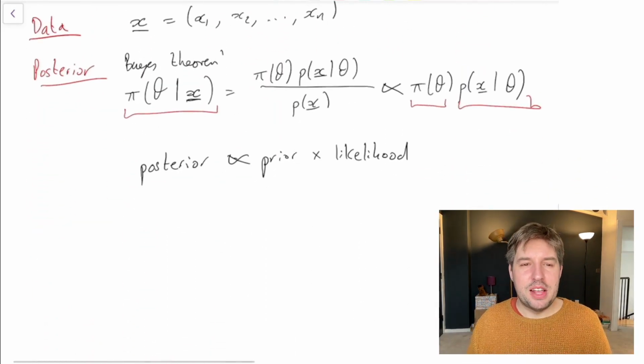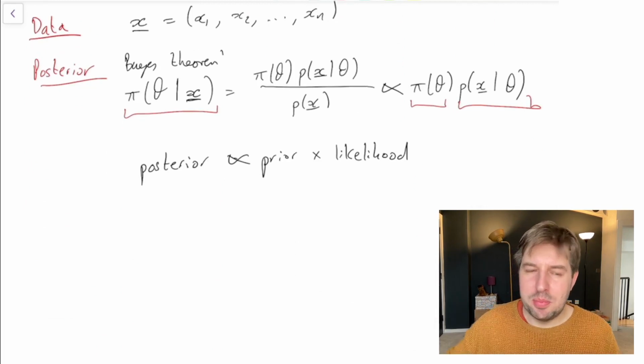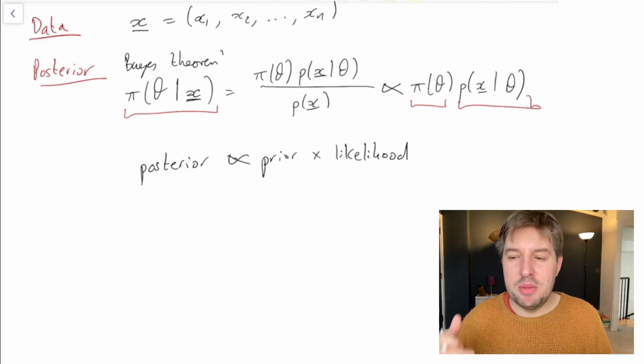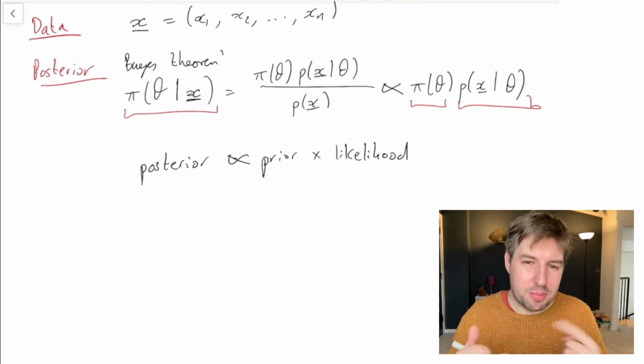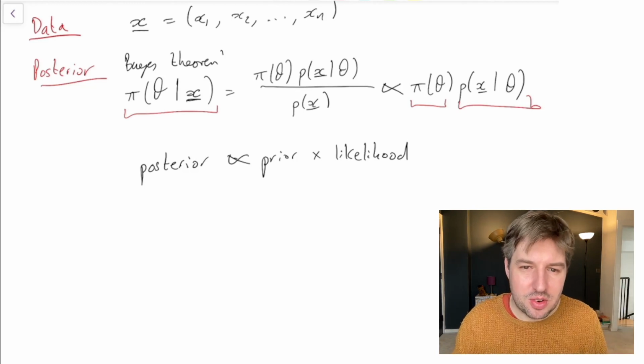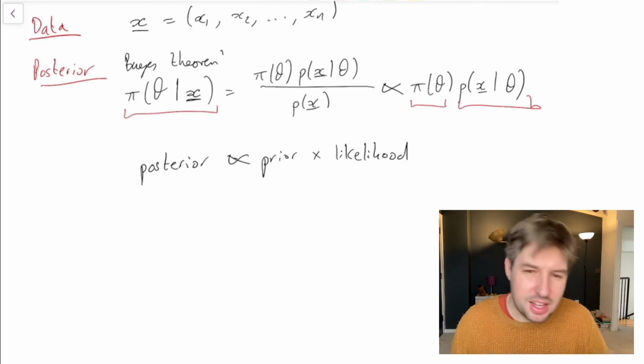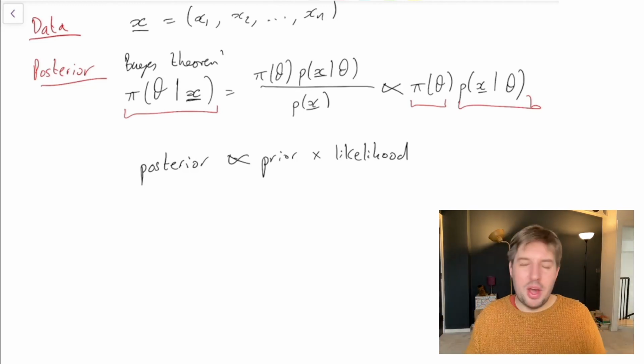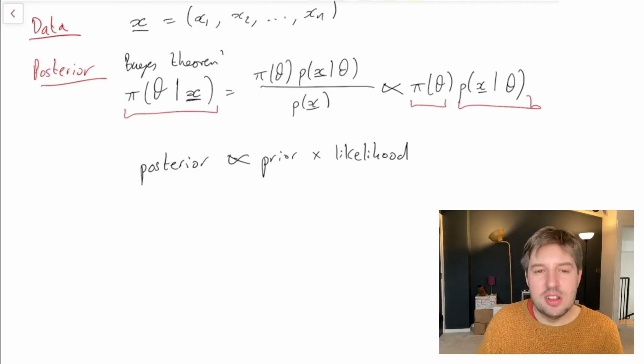So Bayes' theorem allows us to write posterior proportional to prior times likelihood. Again, the posterior will either be a probability mass function or a probability density function, the same type of thing as the prior was. If the prior was discrete, the posterior will be discrete. If the prior was continuous, the posterior will be continuous. Everything will work out well, and we'll find the constant by remembering that everything has to add up to 1.